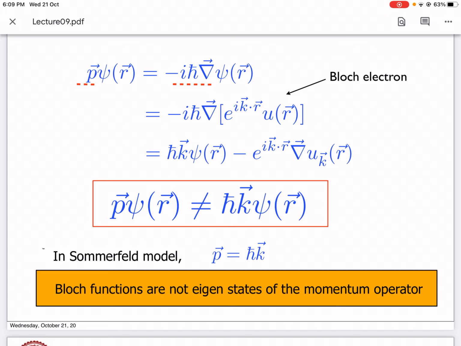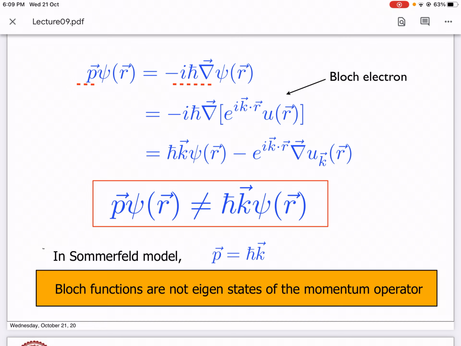When it operates on the Bloch function, psi(r) equal to the plane wave e^(ik·r) times the periodic function u(r), once you do this derivative, this is h-cross k psi(r) minus this term, e^(ik·r) times i times the gradient of u_k, which is obviously not equal to h-cross k psi(r).